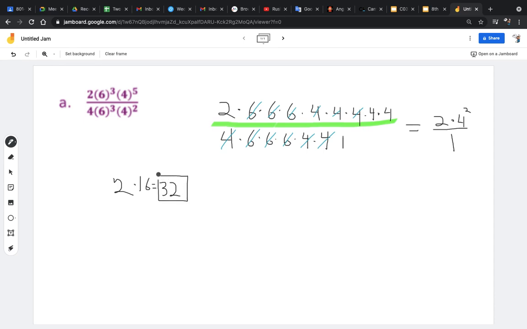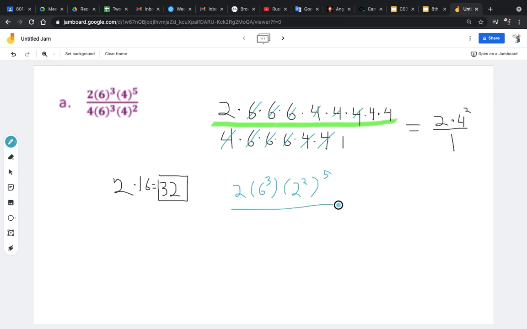Let's do this another way. I am going to take a little liberty right here. I'm going to turn 4 into 2 to the second. So let me rewrite the top here. 2 times 6 to the third, and 4 is going to become 2 to the second, with the 5 still on the outside.